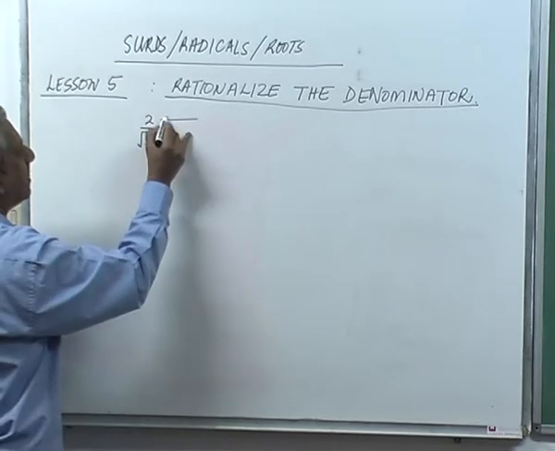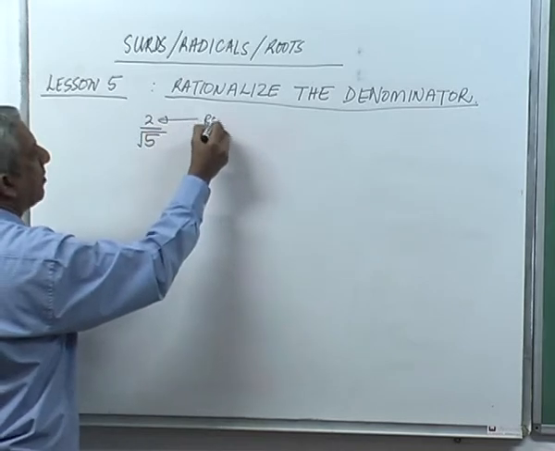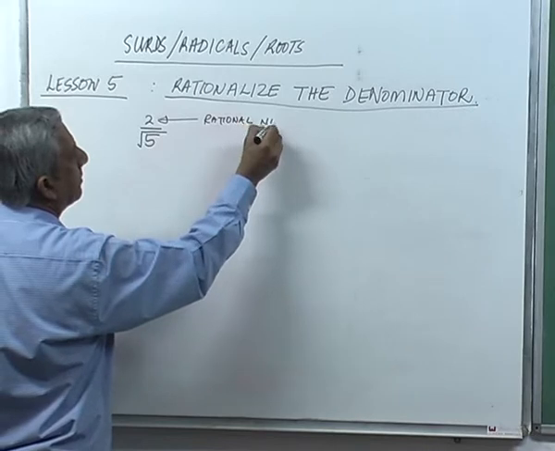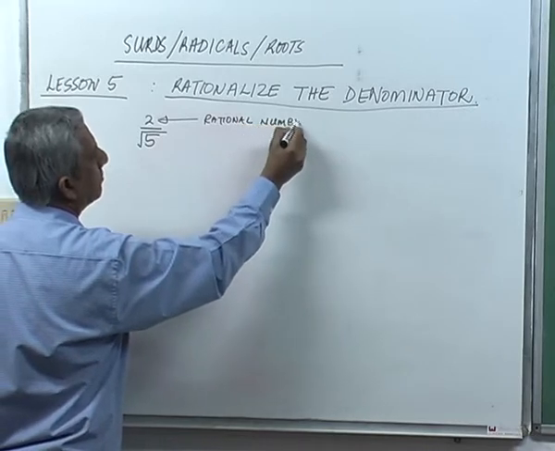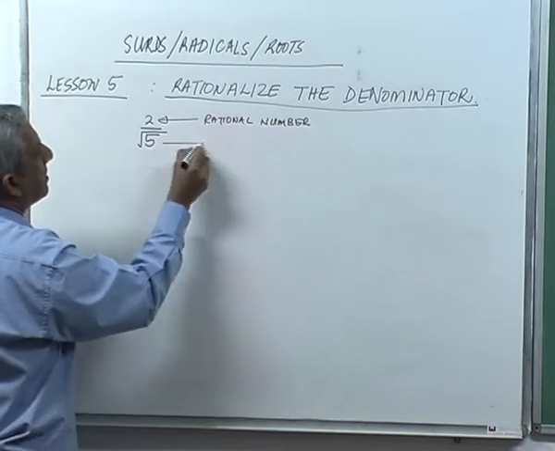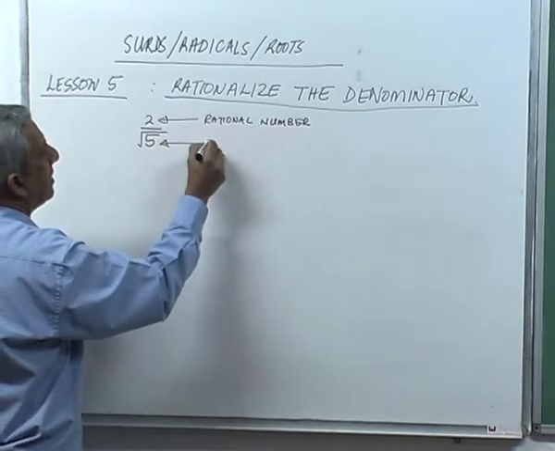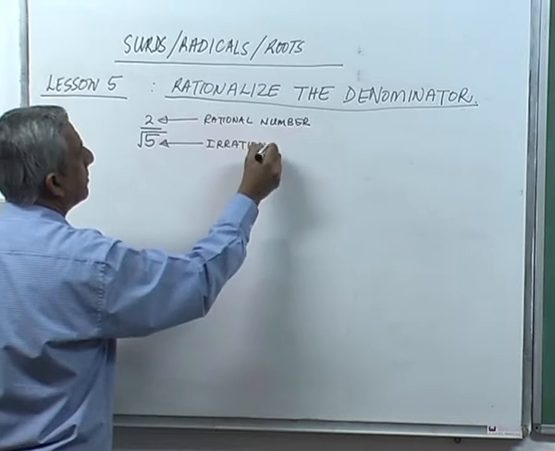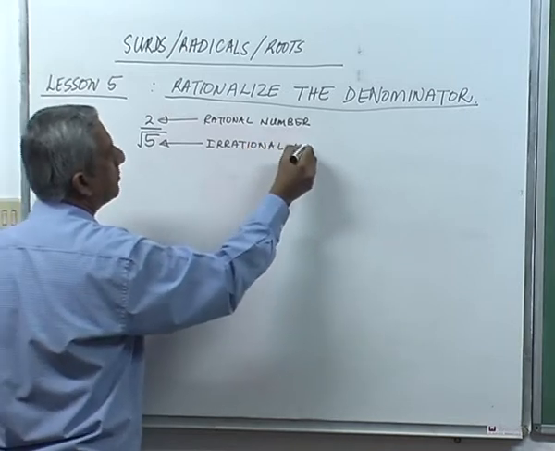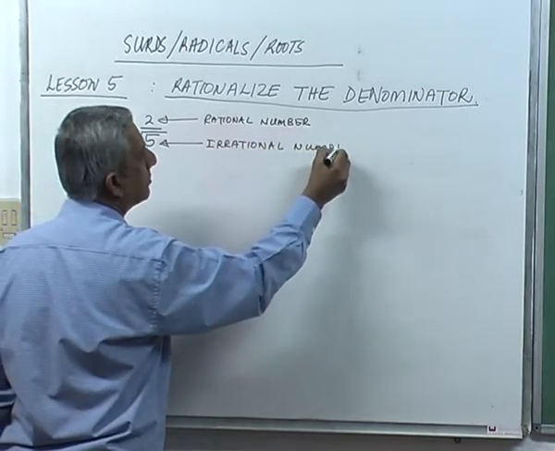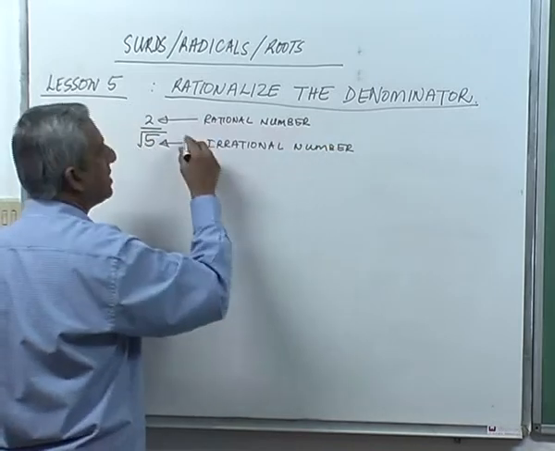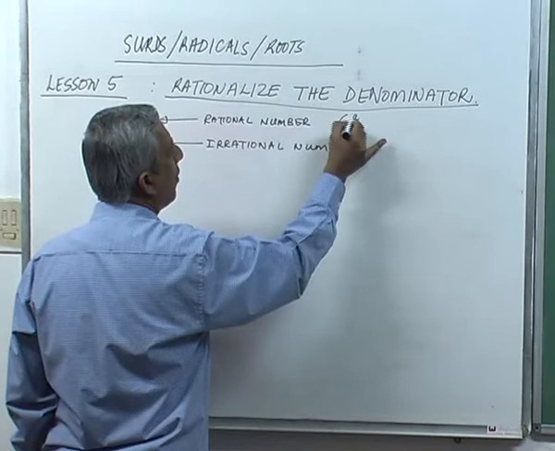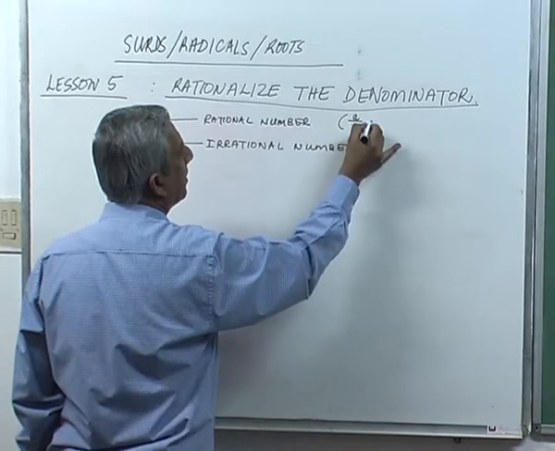Now that is a rational number. And this is an irrational number. So rational number means it can be written as a over b. Right?